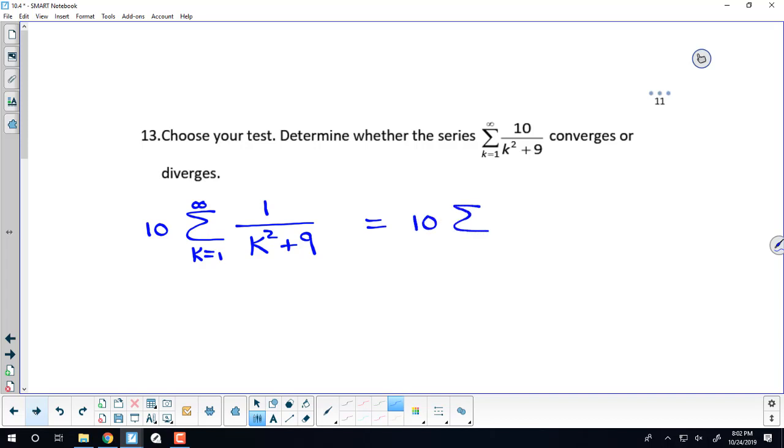Subtract 9, add 9. Converge or diverge? Yeah, P is larger than 1. Series converges.